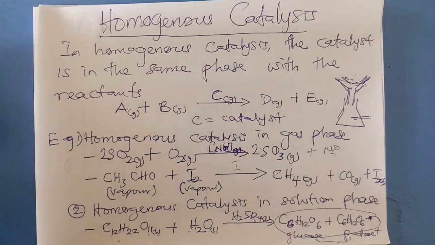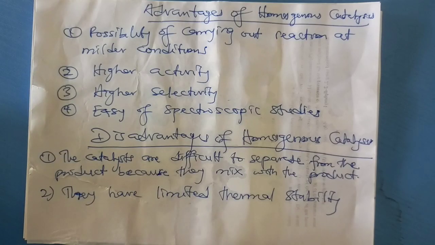Actually, that will take me to the advantages and disadvantages of homogeneous catalysis. So for homogeneous catalysts, number one, it is possible to carry out the reaction at milder conditions, meaning that it can be carried out at low temperature and pressure.